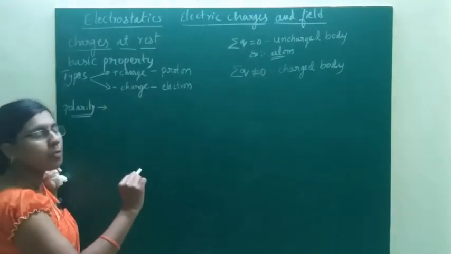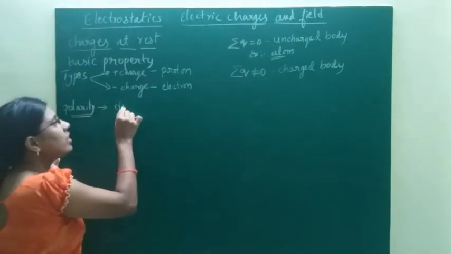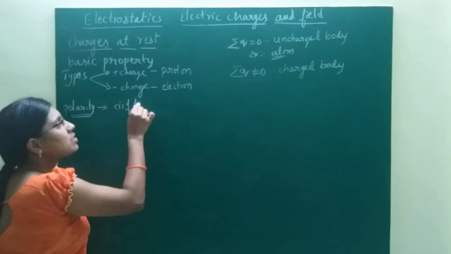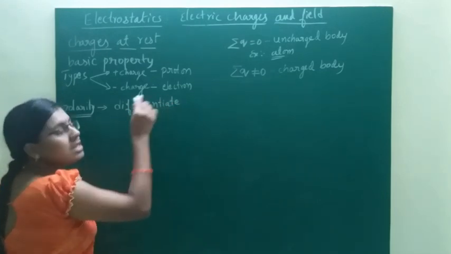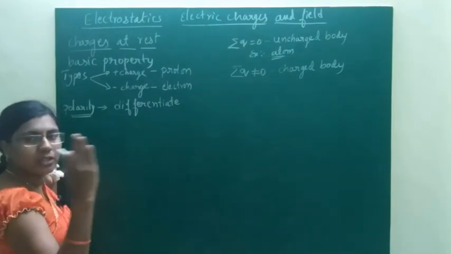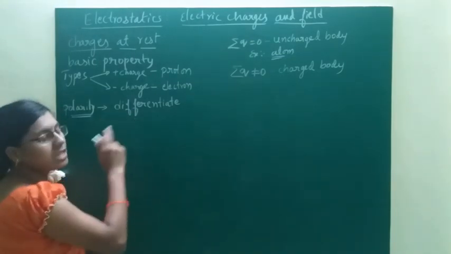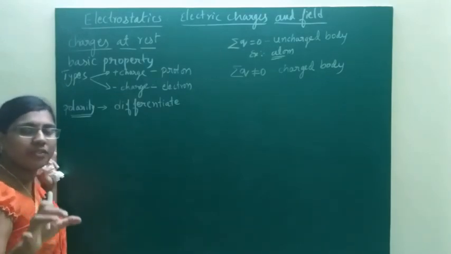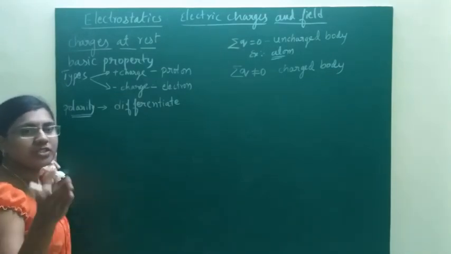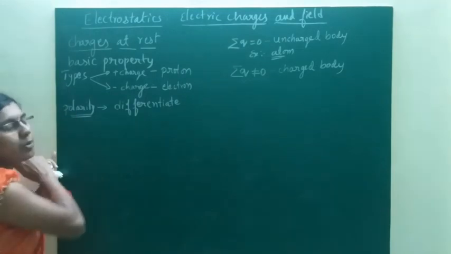By using that property, we can differentiate the two types of charges, that is, positive and negative charges.